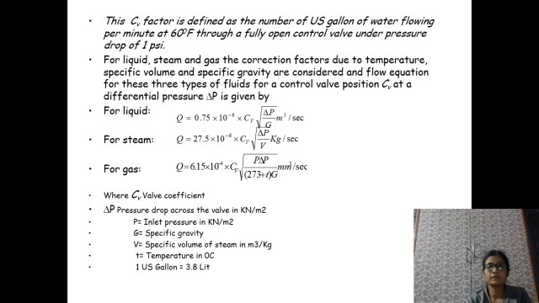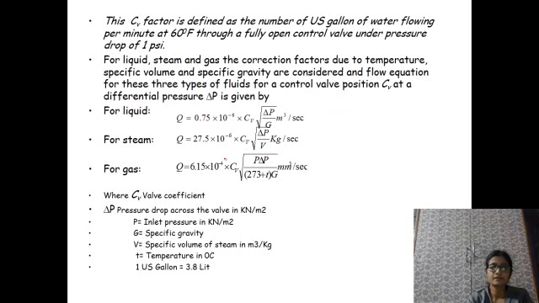Now for liquid, steam and gas, the correction factors, that is K dash, due to temperature, specific volume and specific gravity are considered, and the flow equations are modified. For liquid, these are the typical values for the corrections.